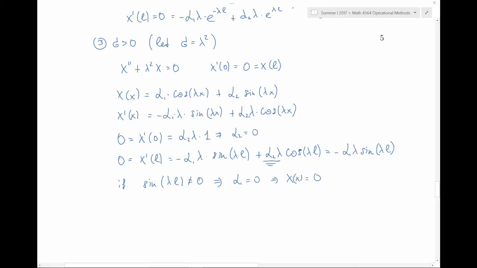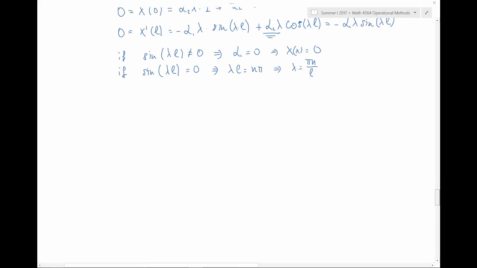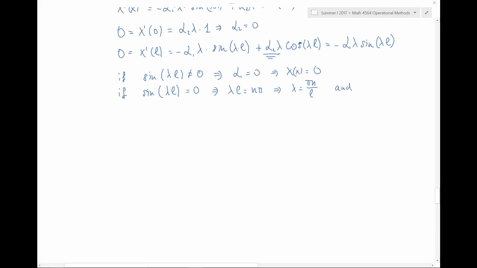That's not an interesting case. A much more interesting case is when sine of lambda L equals 0, which leads to lambda L being a multiple of pi. Therefore, lambda is just pi n over L. And alpha 1 can be any constant.